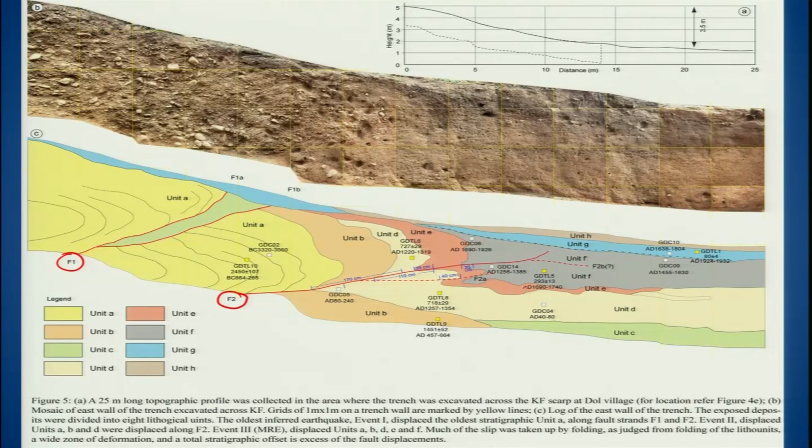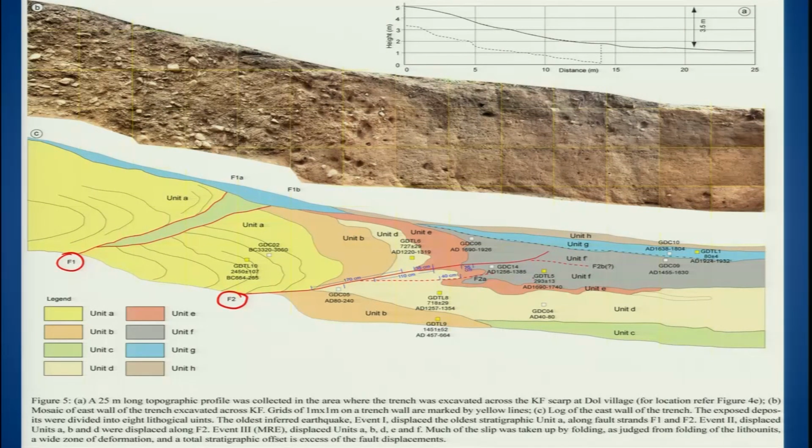And similarly, for the age of unit E, in our case we were unable to find any effective sample from it. So what we did was consider the age of the immediately overlying layer, that is unit F. So the minimum age of unit F, because what we want to say is that this was the capping unit, and it was deposited after the event.